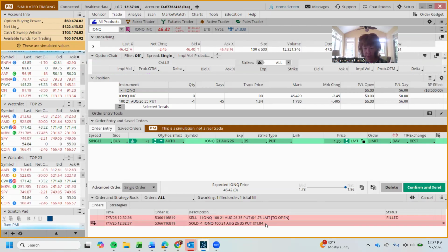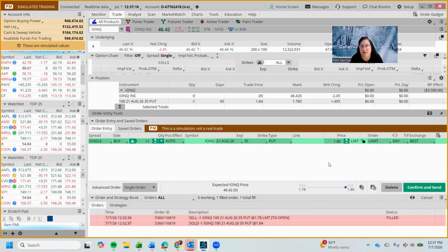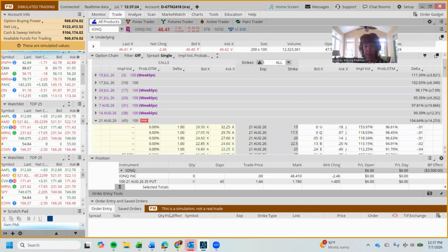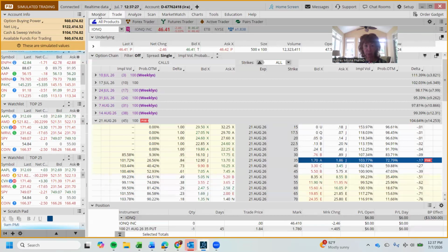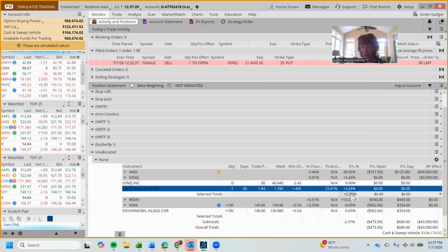And I sold it at $1.84. So that would be a losing trade. Right? Okay, so you want to buy it back where you're in the positive. You want to buy it back at less than what you sold it for, right? Sure, absolutely. But again, if on your first page, this actually says P&L percent, 80%, then that's all you do.